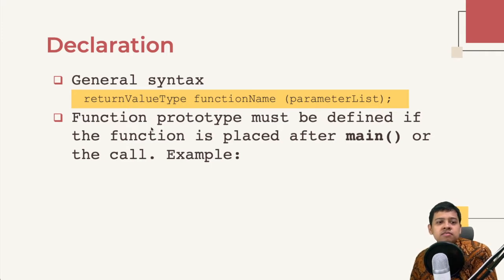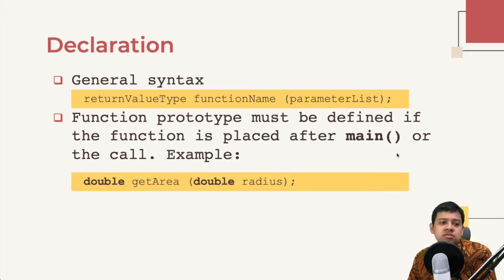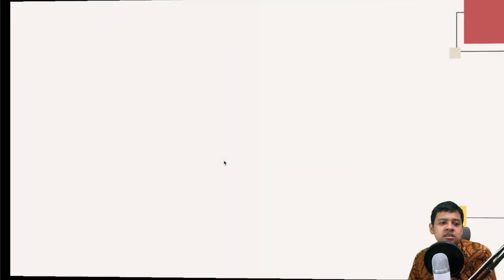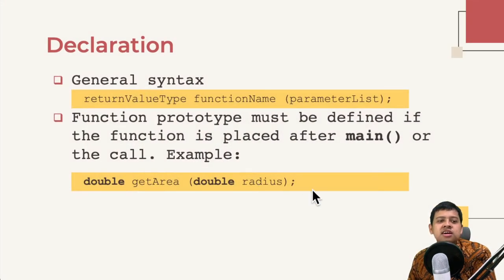We also have the function prototype. This is a function declaration without any definition of the inside of the function. This function prototype must be defined if the function is placed after main or the call. For example, here we have the return value type double, then the function name getArea, and the parameter list.